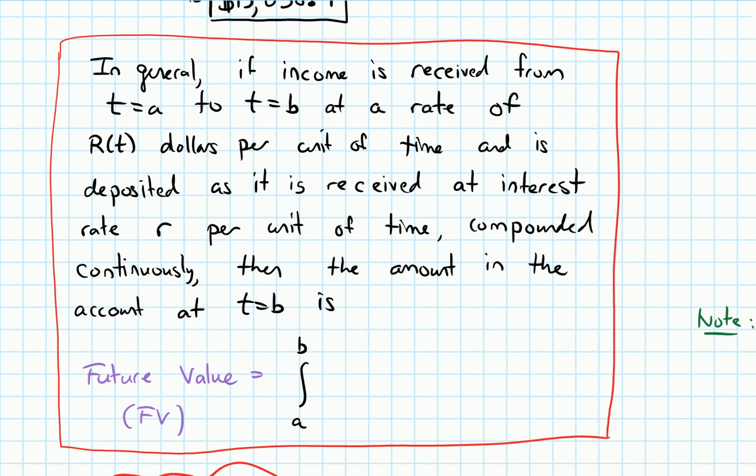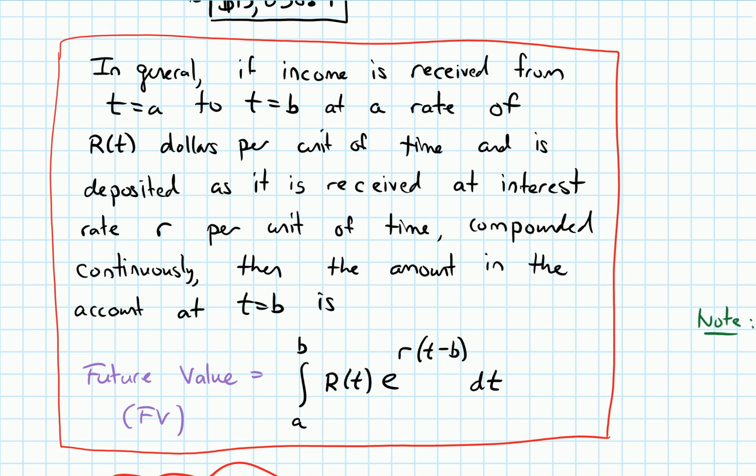And the general formula for this is we get an integral from a to b, the starting time to the ending time. In my example above, that was 0 to 59 over 365, 59 days in the future. And we are integrating our function for the income stream, r of t, times e to the r times b minus t, where b is that ending time, dt.